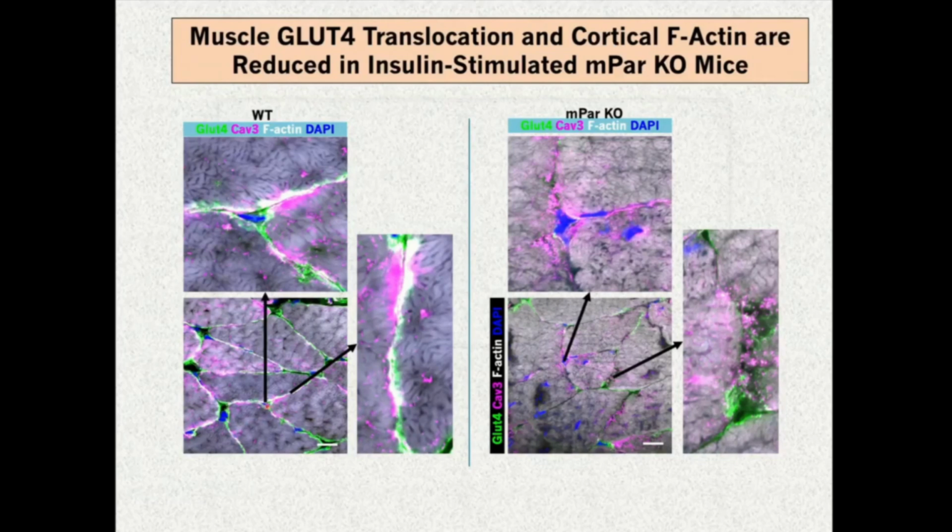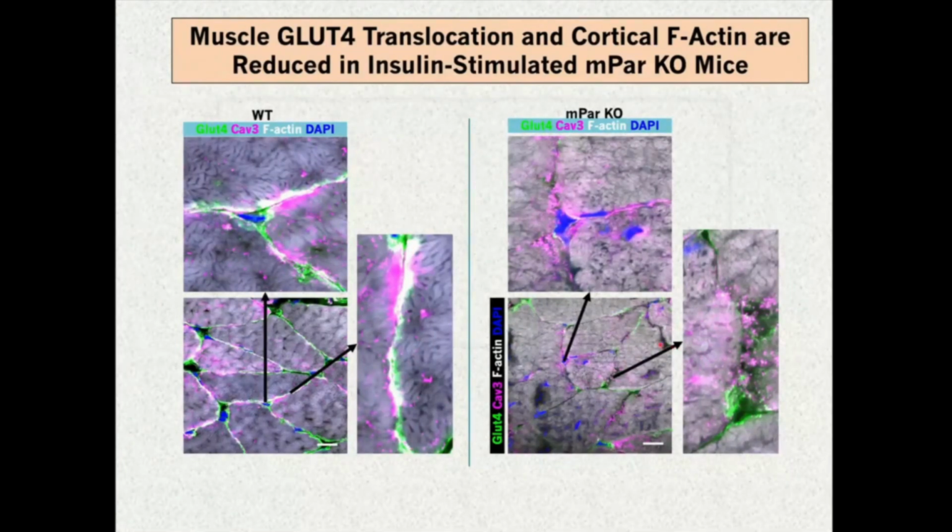So this is a wild type mouse, and these are the blow-ups of these two regions here. So what you'll see is an abundance of the white F-actin, and you can see abundance of green, the GLUT4, co-localizing on the membrane. And that's true on both blow-ups.